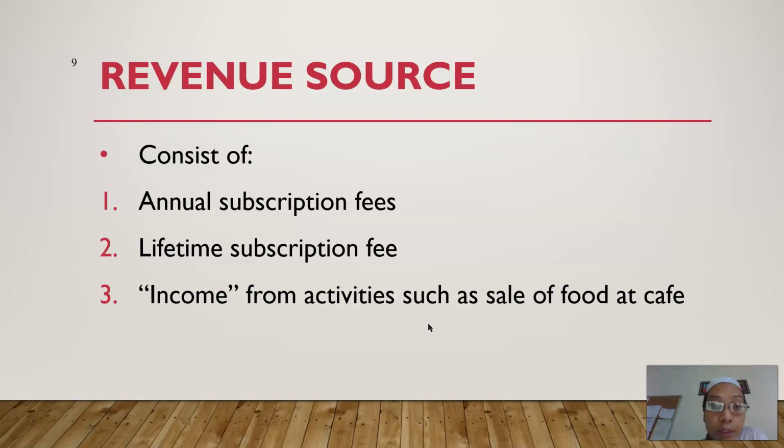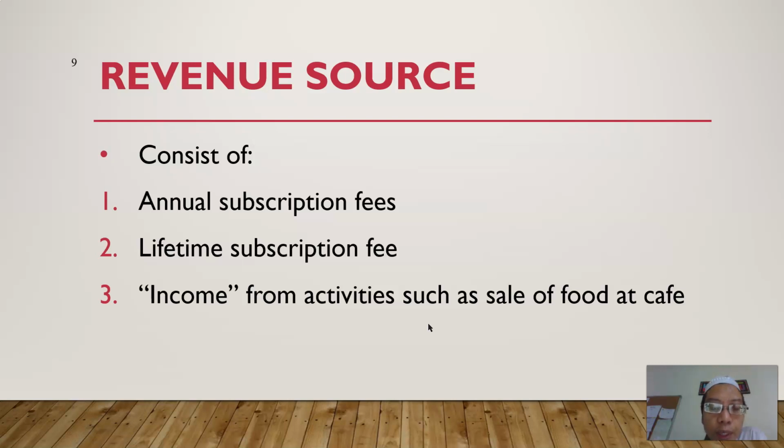In order to be part of the organization, members may need to pay annual subscription fees. They may also be charged a lifetime subscription fee. The lifetime subscription fee is when the member only needs to pay one time, and by paying that one time, they have the right to use the facility or be a member for the rest of their life.